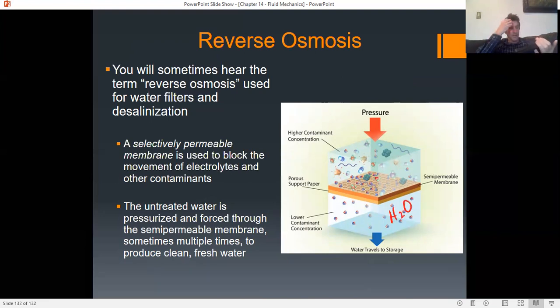So you hear the term reverse osmosis filter. They're just pushing fluid through a semi-permeable membrane using pressure. This is good for decontaminating contaminated water. It's also very good for desalinization.